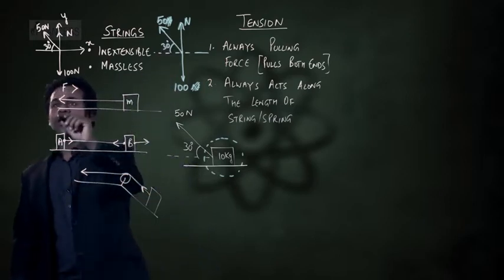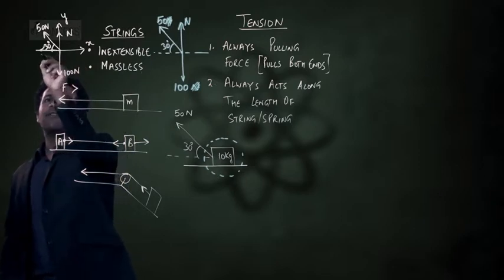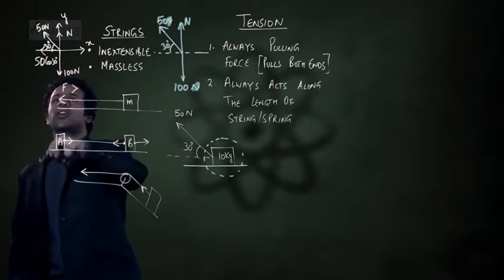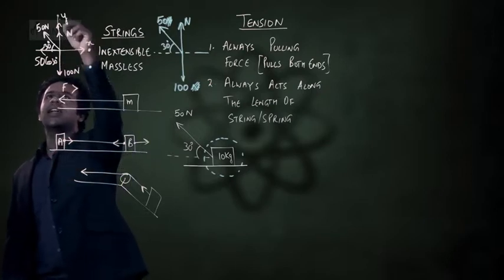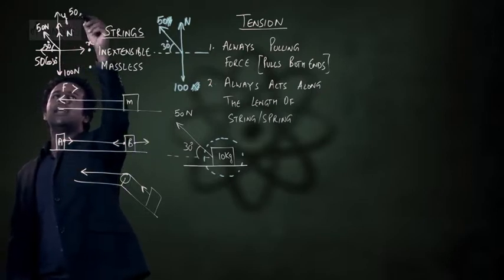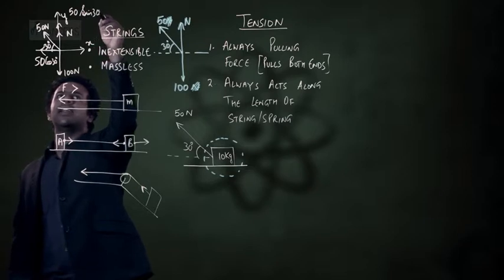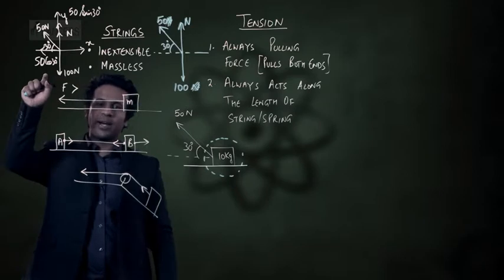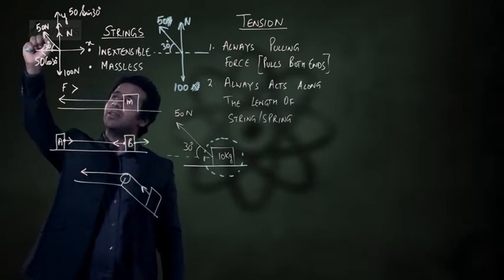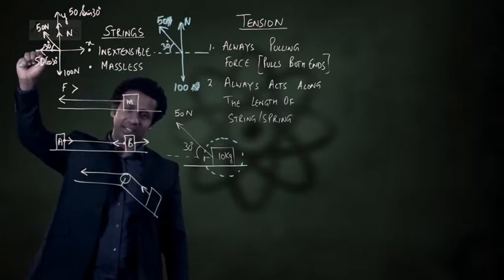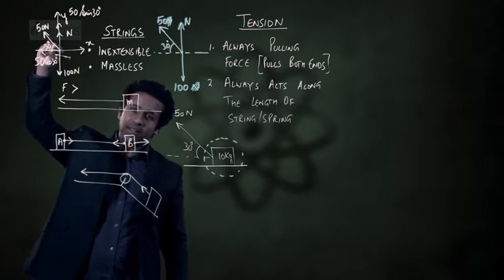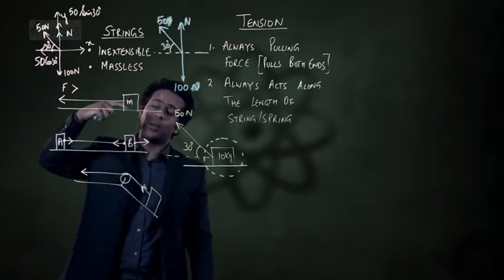So in this case you will have 50 cos 30 degrees in the horizontal direction, and in the vertical direction you will have 50 sin 30 degrees. Let me just repeat this once. We are getting a cos component here because the angle is with the x-axis. So whichever axis the angle is made with, you will see a cos component on that side.